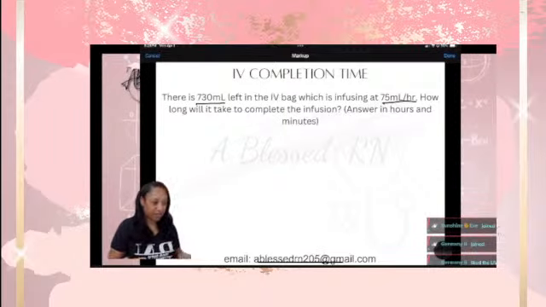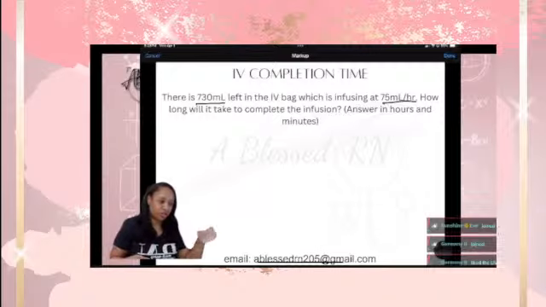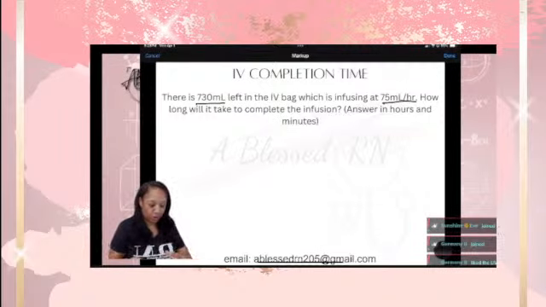So when you have these types of problems, it's asking you for the time. So when you say, okay, what is my goal? Your goal is going to be the time. It's going to be time in hours, because when you solve the problem, you either get a whole number, which is the amount of hours, or you get a whole number and a decimal as well, right?